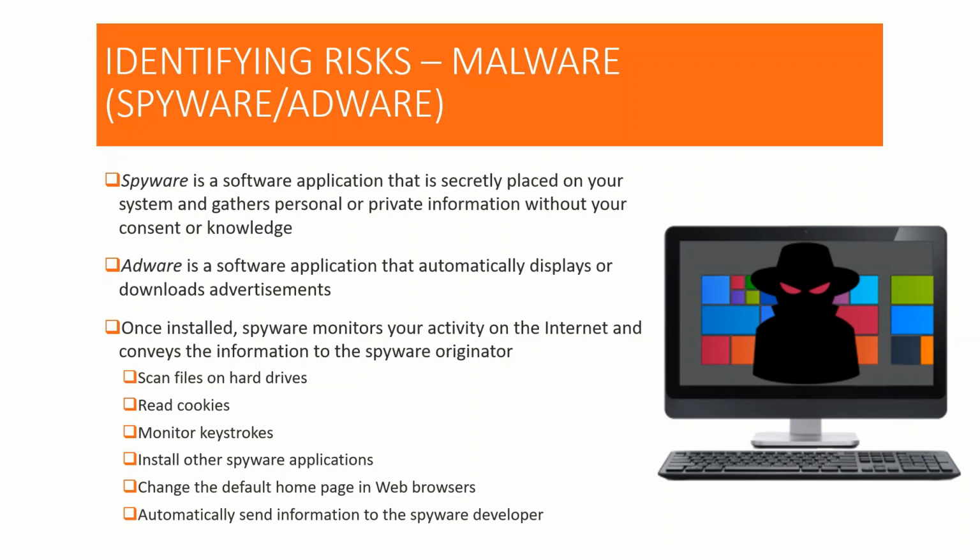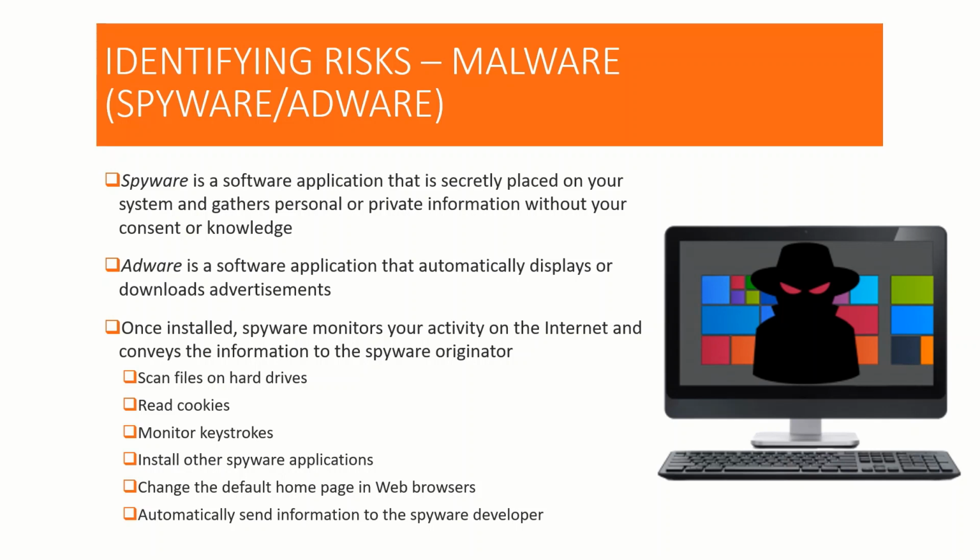Spyware can consume memory resources and network bandwidth. Spyware has the ability to scan files on the hard disk, read cookies, monitor keystrokes, install other spyware applications, change the default homepage in web browsers, and automatically send information to the spyware developer.